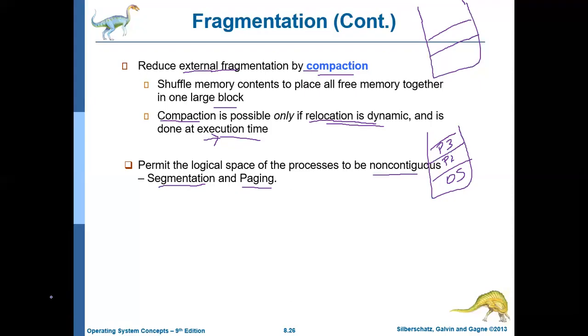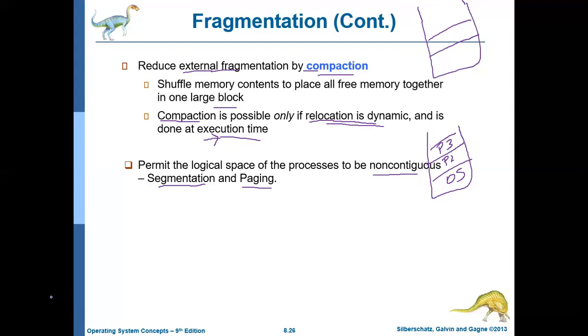But actually the holes are split across the memory, and as they are not contiguous, the new process may not be able to fit in the available holes. This problem is called external fragmentation, and it is created because of variable size partitioning. External fragmentation can be reduced or avoided by using a technique called compaction.